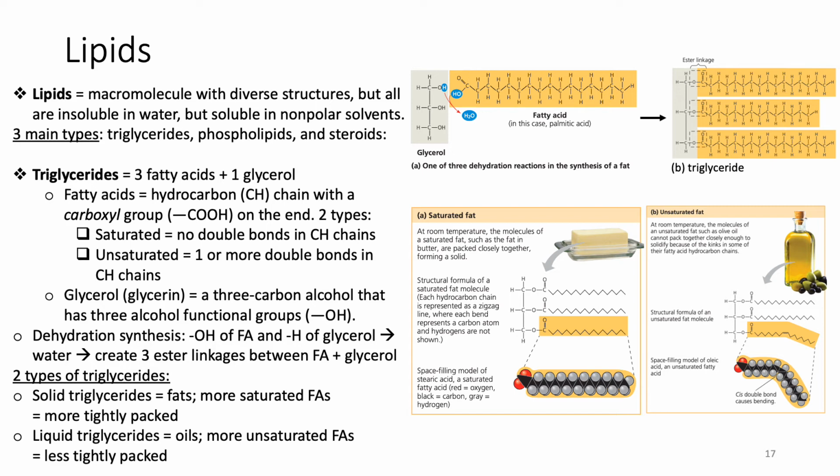The unsaturated fatty acid has 1 or more double bonds with 1 fewer hydrogen atom on each double-bonded carbon. Nearly all double bonds in naturally occurring fatty acids are in the cis configuration, which causes a kink in the hydrocarbon chain wherever they occur.